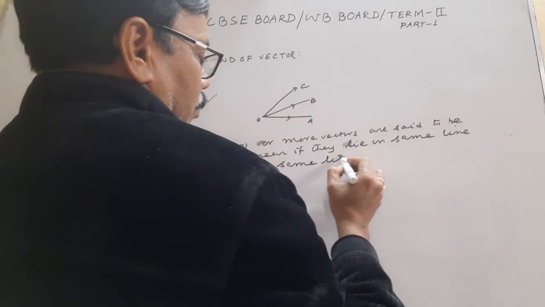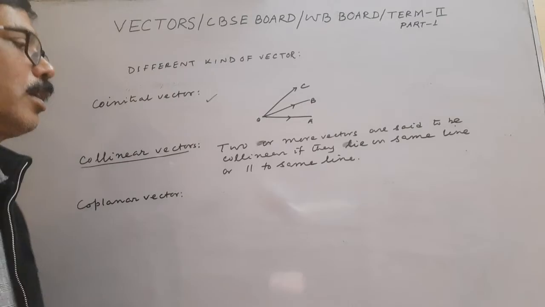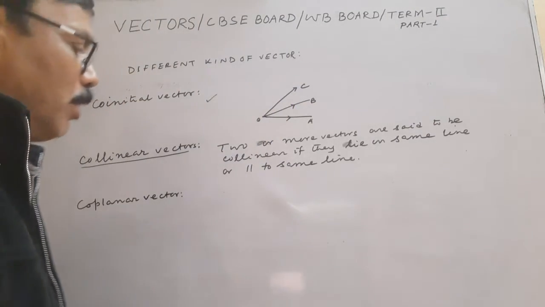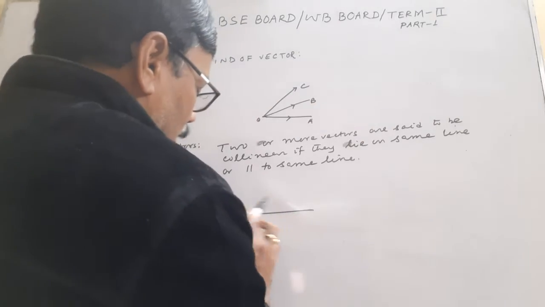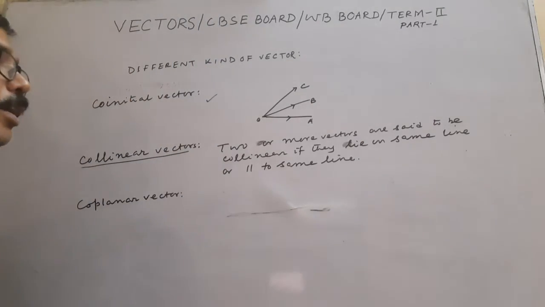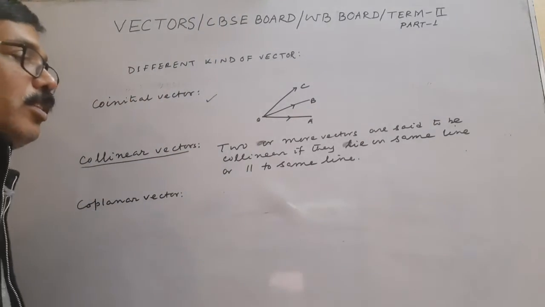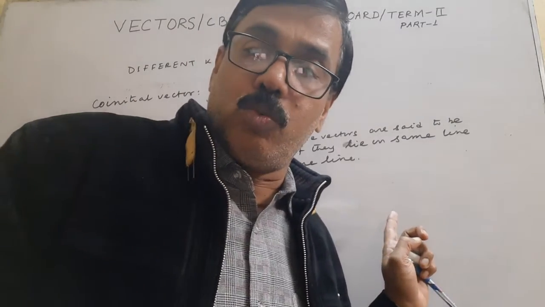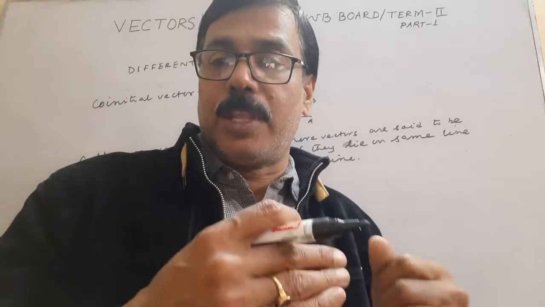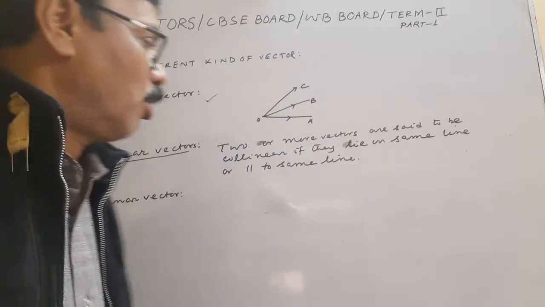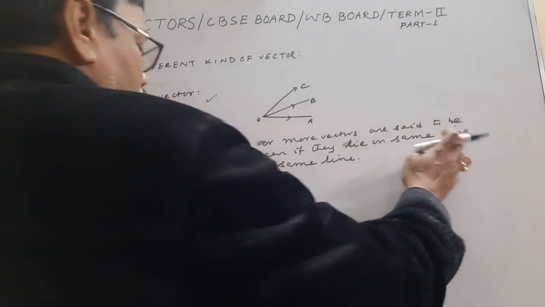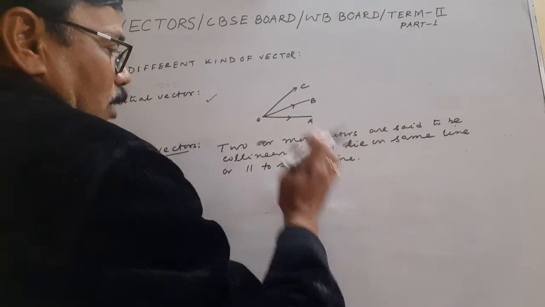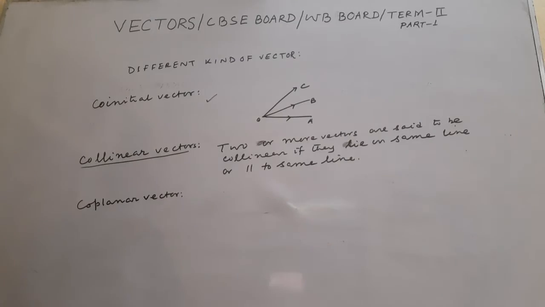Earlier we said that if two vectors lie on the same line, they are collinear. But now we define it this way: if they lie on the same line or parallel to the same line.